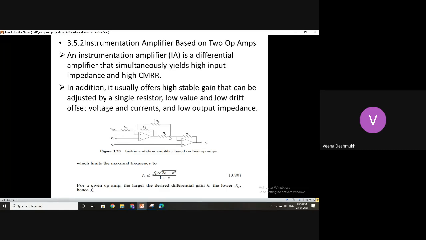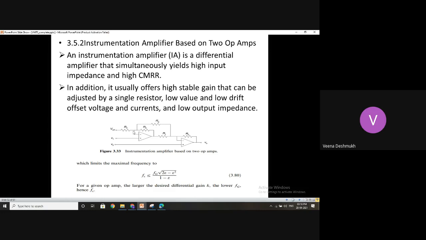Now this output VO1 minus V2 will be the actual input available here at the difference terminals. This time the inverting gain is minus R2 by R1 and the non-inverting gain is 1 plus R2 by R1.